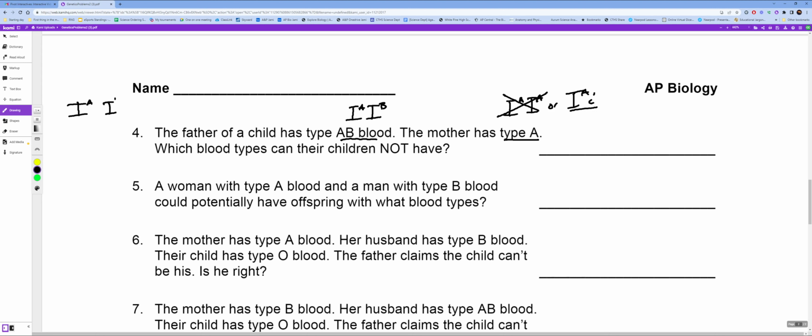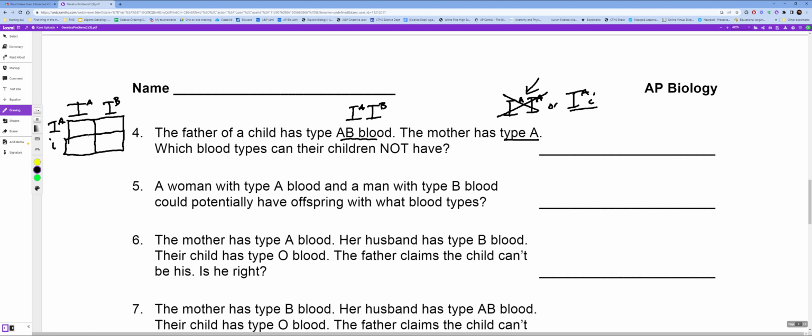IA IB, and then let's go IA i. You'll also notice on your cross, if you did pick this one right here, it wouldn't tell you anything because you'd really just be copying the same stuff that you have from this row, right?